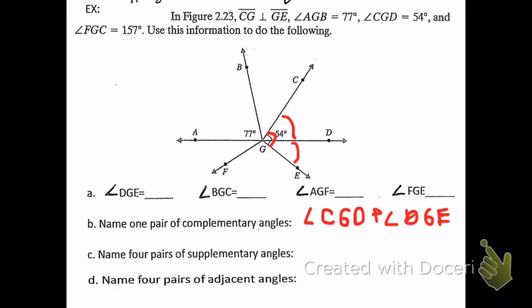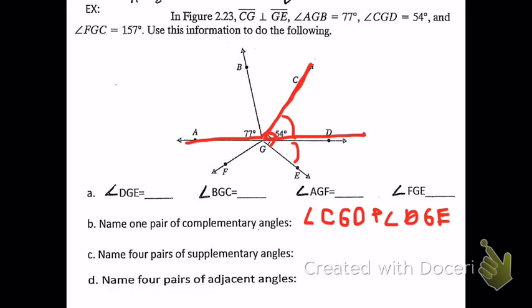Supplementary angles. Name four pairs of supplementary angles. Okay, so give me one pair. Now, with this, I'll give you one. Supplementary means they add to 180. So we could take this angle and this angle and say they are supplementary.